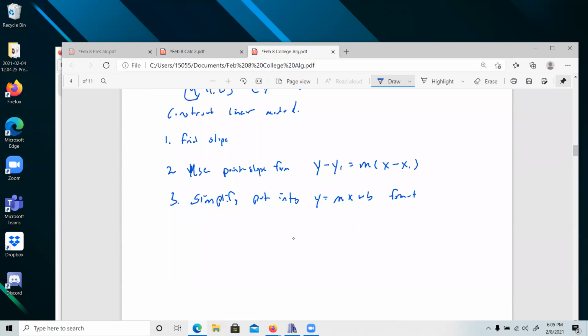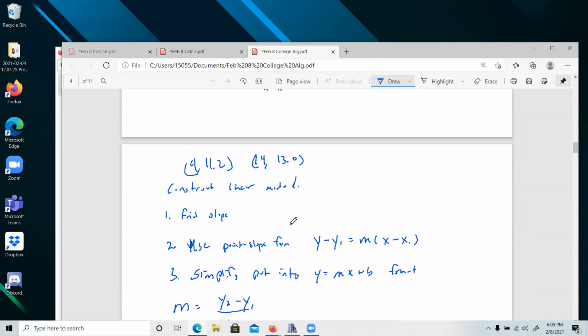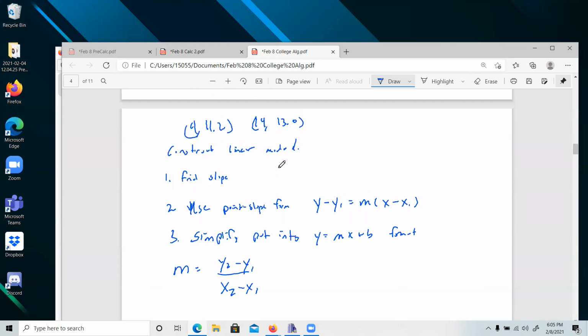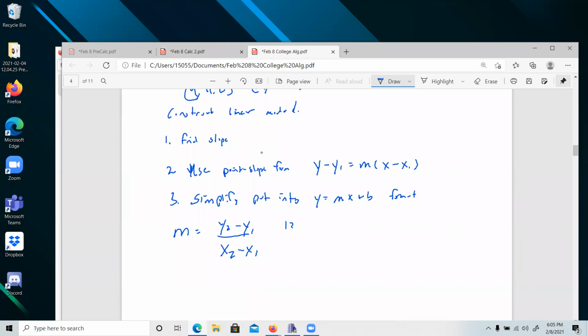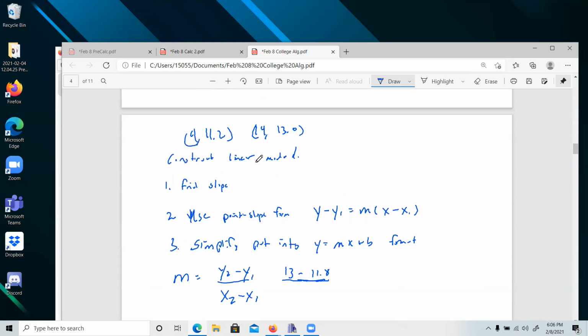Okay, so my slope, difference in y's over difference in x's. So that's going to be 13 minus 11.2 divided by 14 minus 4.